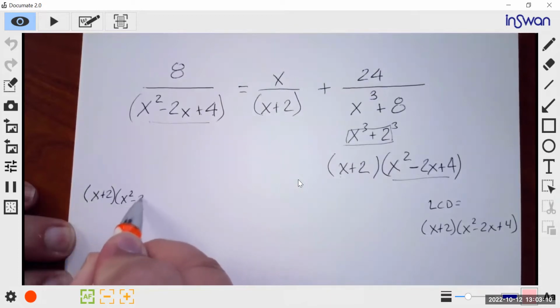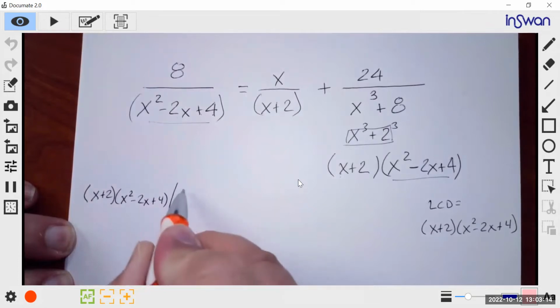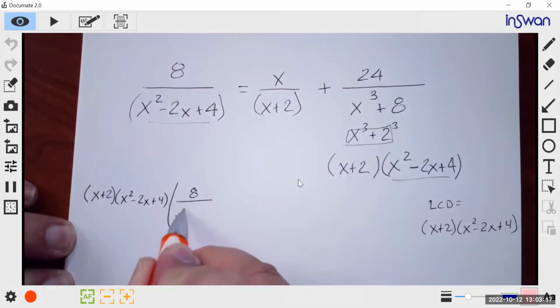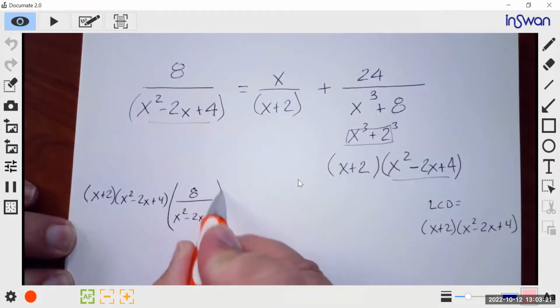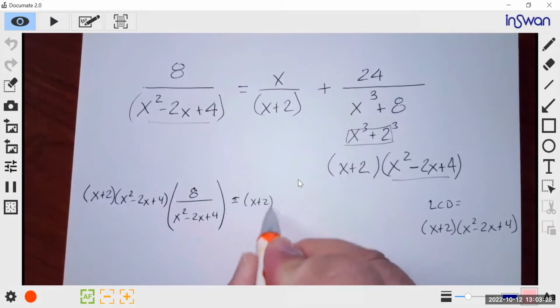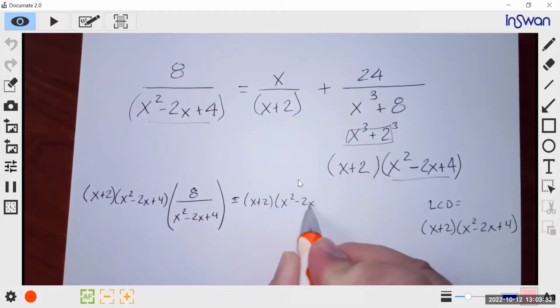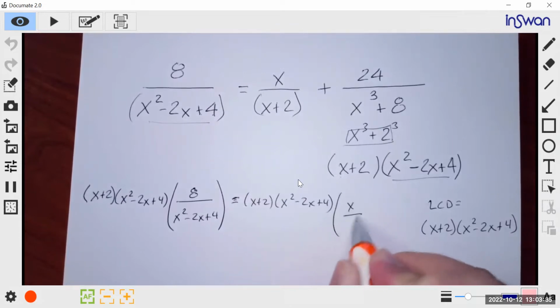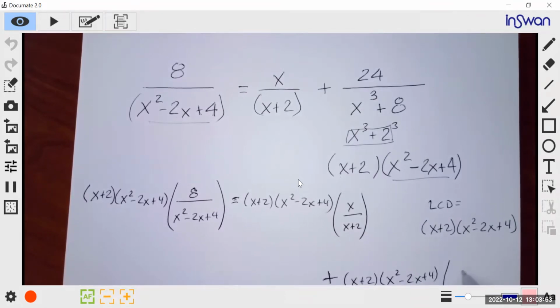X plus 2, x squared minus 2x plus 4 times 8 over x squared minus 2x plus 4 equals x plus 2, x squared minus 2x plus 4 times x over x plus 2 plus x plus 2, x squared minus 2x plus 4 times 24 over x plus 2, x squared minus 2x plus 4.